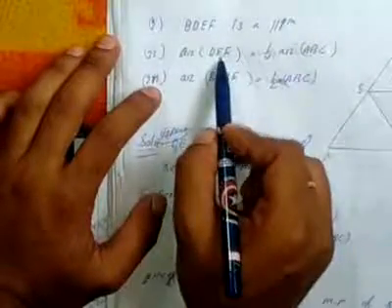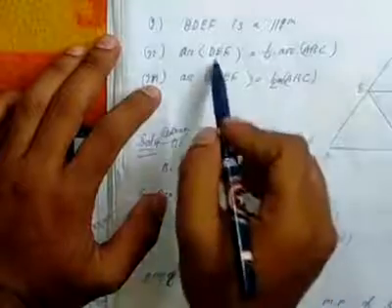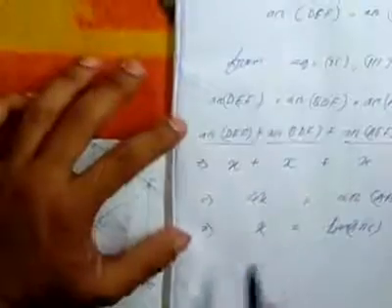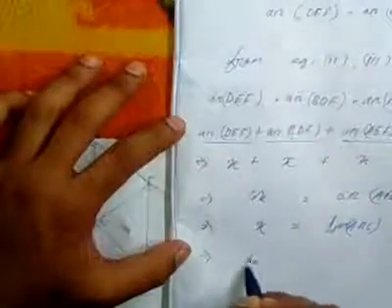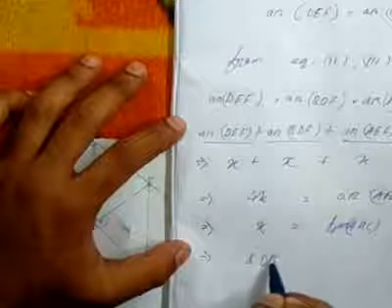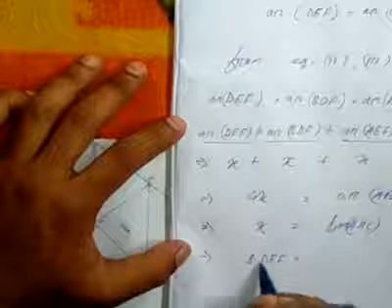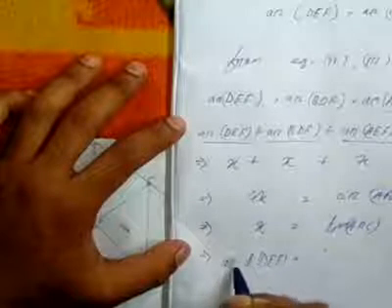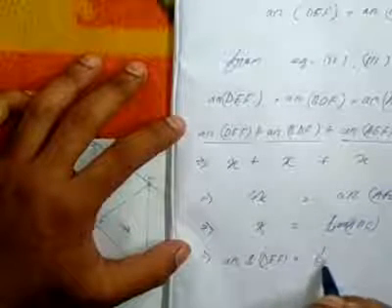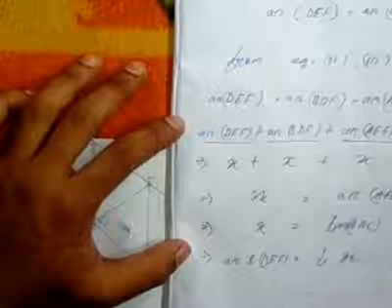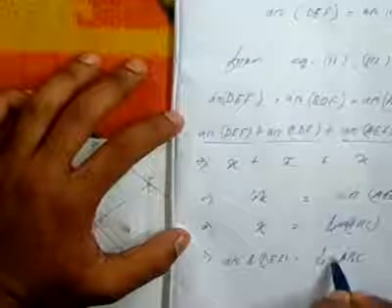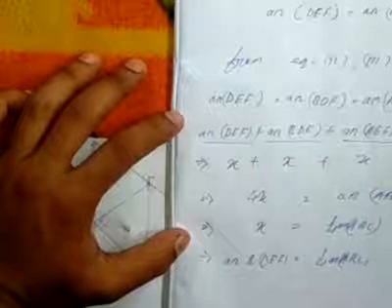So in place of x we can write area of triangle DEF is equal to 1/4 of area of ABC, that much.